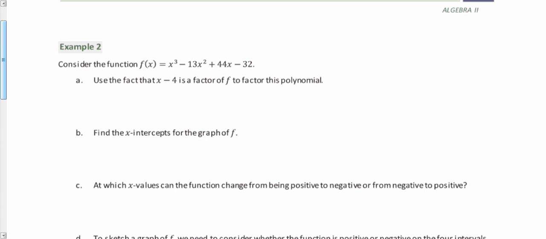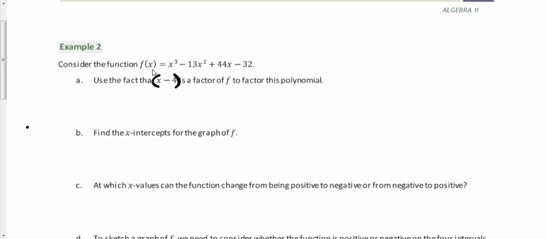So we're going to consider the function x cubed minus 13x squared plus 44x minus 32. And we're going to use the fact that x minus 4, and I wish they'd put this in parentheses, is a factor to factor this polynomial. What does it mean for it to be a factor? Well, divisible by what specifically, Brandon?